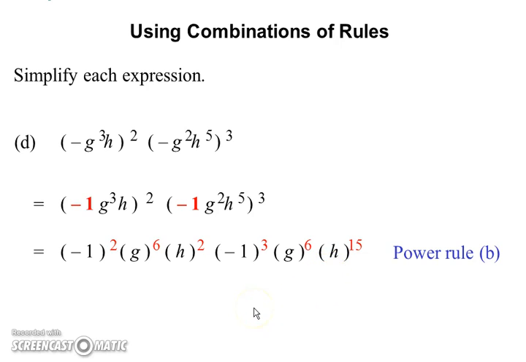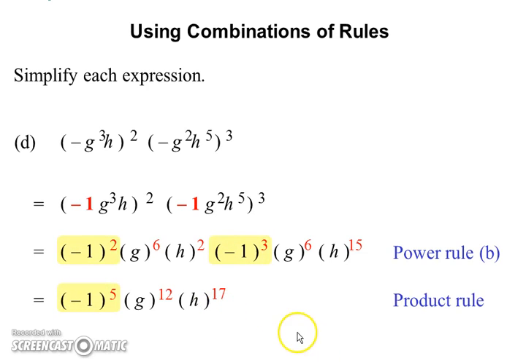Now let's apply the product rule, and we add exponents for all the like terms. So -1, we have that raised to the second power.